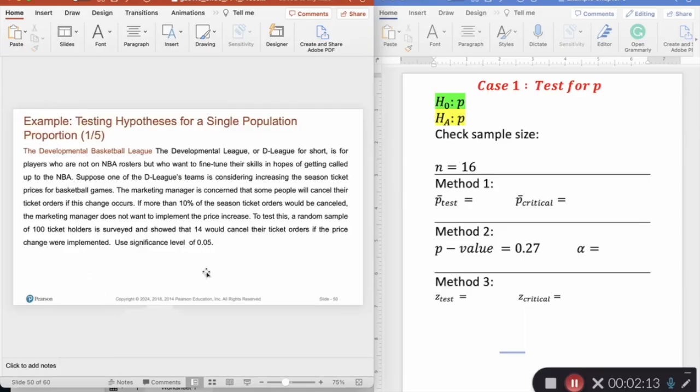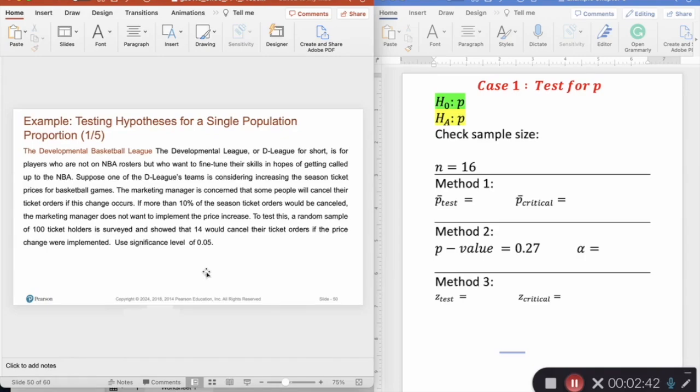Let's look at this example. The developmental league is for players who are not on NBA rosters but want to fine-tune their skills, hoping to get called up to the NBA. Suppose one of the teams is considering increasing the season ticket prices for basketball games.